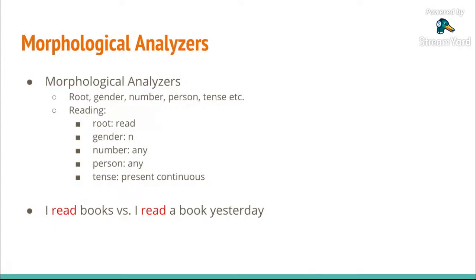In both cases, the script is the same, we are writing R-E-A-D. But based on the tense, the pronunciation of that word changes. Right? In the first case, it is "reed", whereas in the second case, it is "red". That's one example of where these fine-grained details can be useful.